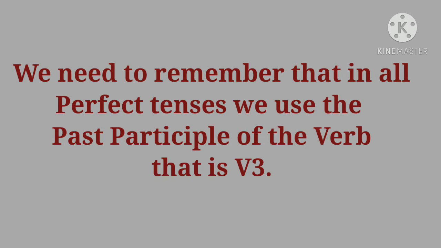And in the perfect tenses, when we form them, we use only the verb 3, which is the past participle of the verb. So together there are three types, V1, V2 and V3. V1 we use in the present, V2 we use only in the past, and V3 we use to form all the perfect tenses. So this we need to keep in mind.